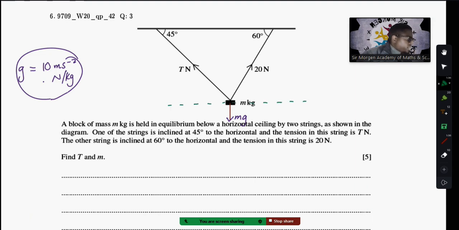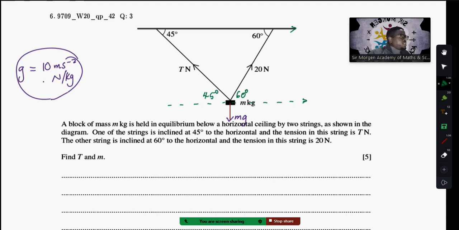Then that vertical line at the top is parallel to this one. Since it's parallel, these lines, the tension lines, are acting as transversal lines. So this becomes 60 degrees here, and this becomes 45 degrees.